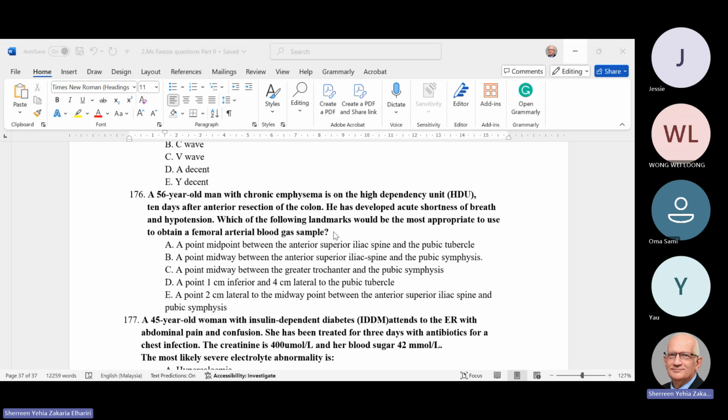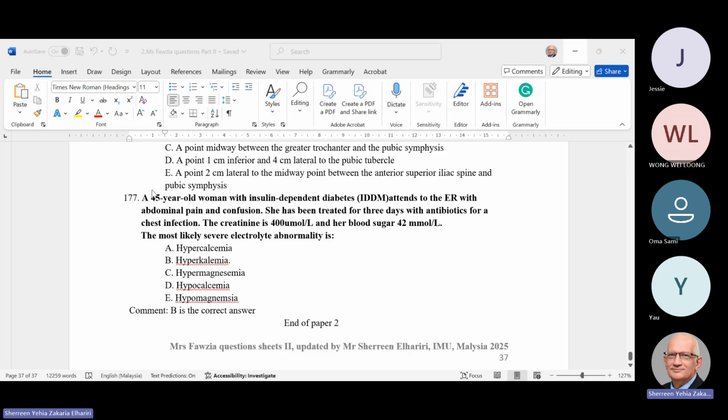You just need the anatomy of the femoral artery, which lies at the point midway between the ASIS and the pubic symphysis. We call it the mid-inguinal point, not the midpoint. Midpoint is for the deep ring. All right.